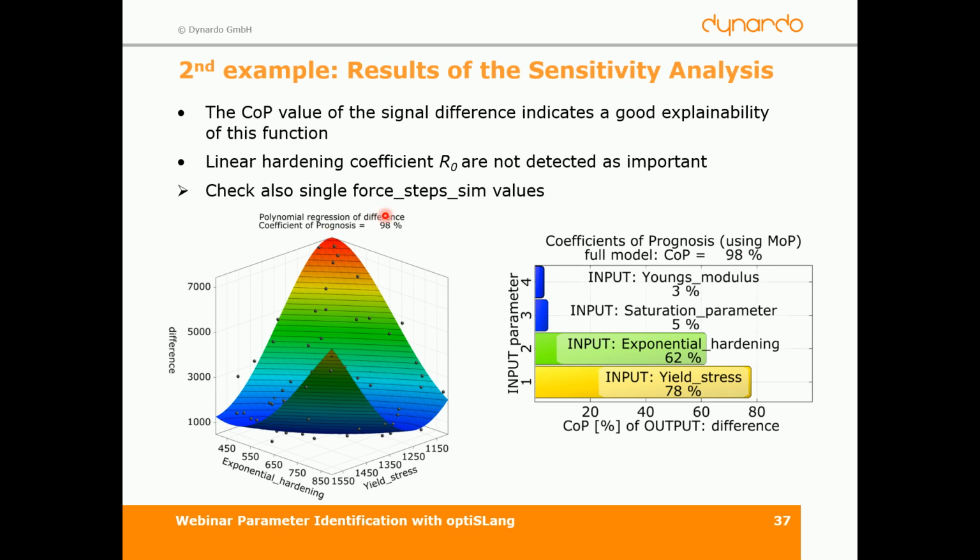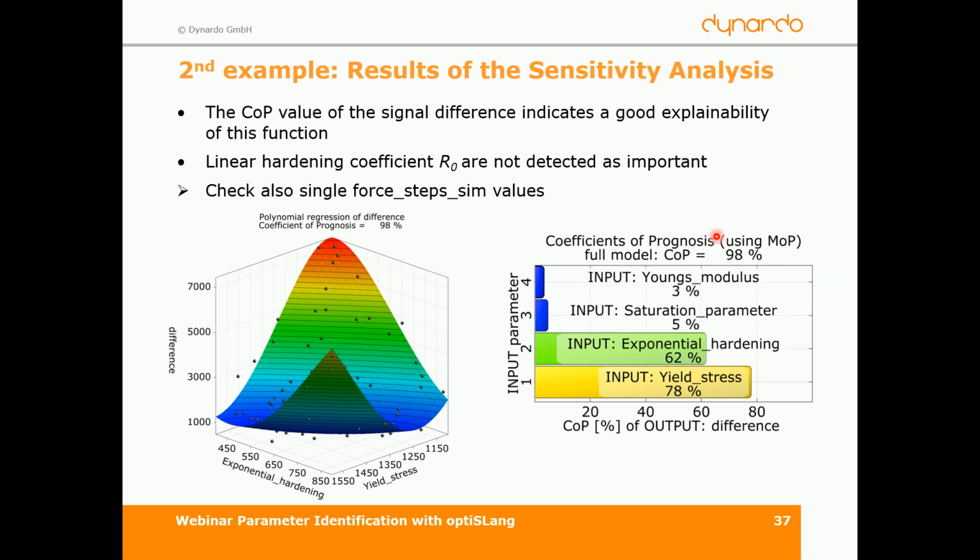Some other response of the sensitivity analysis is this MOP, this meta model of optimal prognosis, for every response, and here you see the MOP for the response differences and also the two most important input parameters. And this response differences is the sum of squared error for the whole simulation curve, that means for all 35 discrete abscissa steps.